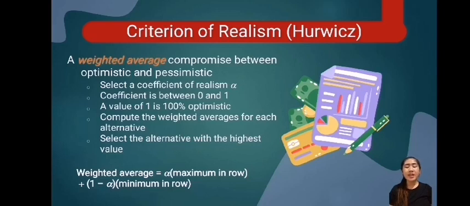The advantage of this is that the decision maker is allowed to build personal feelings about relative optimism and pessimism. Always remember that when the coefficient of realism is 1, it is the same as the optimistic criterion, while if it is 0, it is the pessimistic criterion.